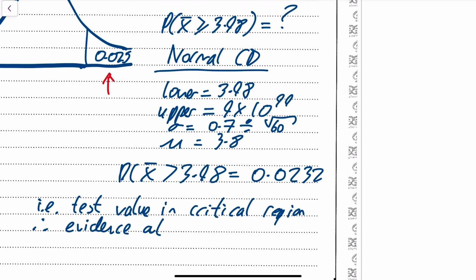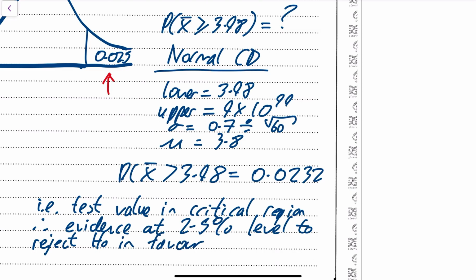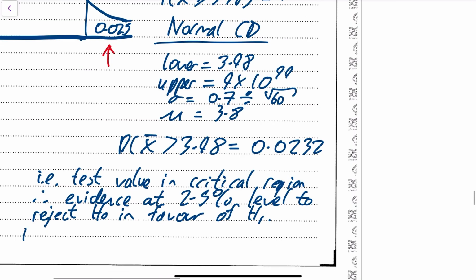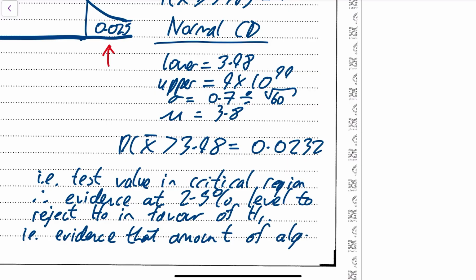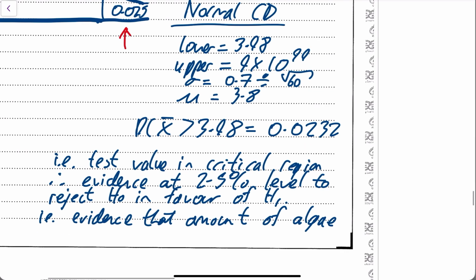Therefore, evidence at 2.5% level to reject H0 in favor of H1. That is, evidence that the amount of algae has increased.